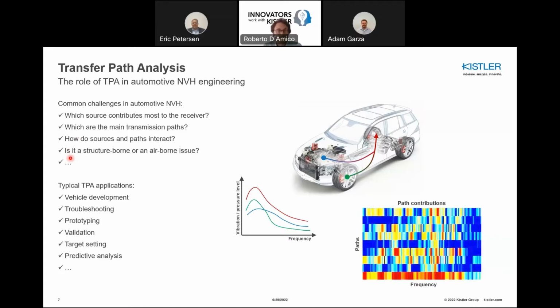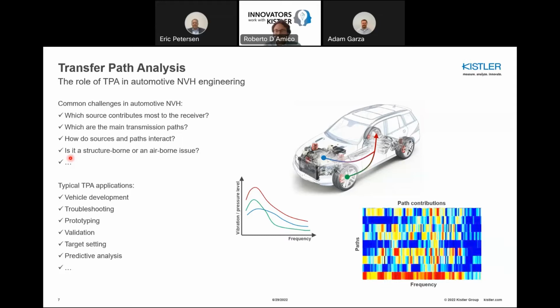traveling till the receiver. And of course, typical applications of transfer path analysis involve vehicle development, troubleshooting, prototyping, validation, target setting, and even nowadays more and more predictive analysis, where we're actually trying to understand how different types of sources or different types of receivers, of body whites, for example, would respond when combined together, and sometimes even not physically combining them together to measure them, so measuring them separately.